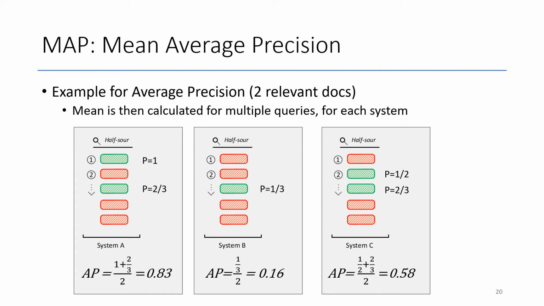And in the third system, we again have both relevant documents, but at different positions than in the first one. And it sums up to a much lower score than the first system. So it also shows MAP cares a lot about the position that you actually find the documents in.